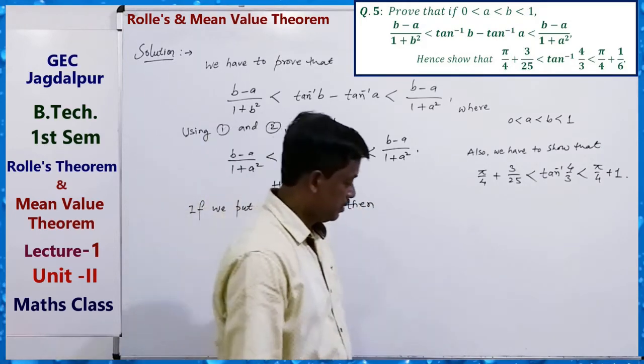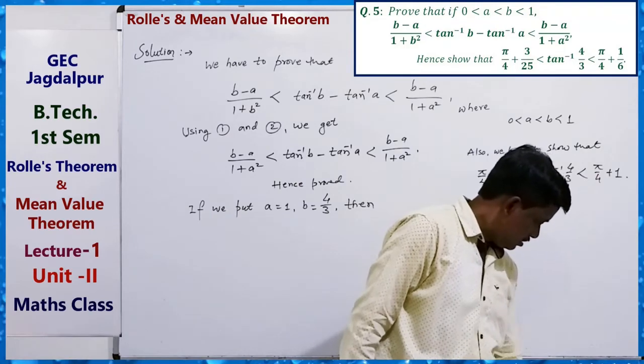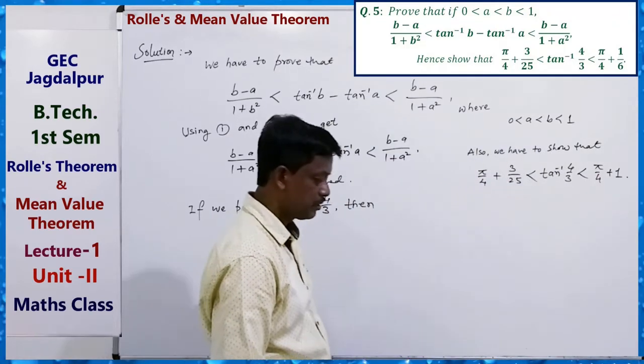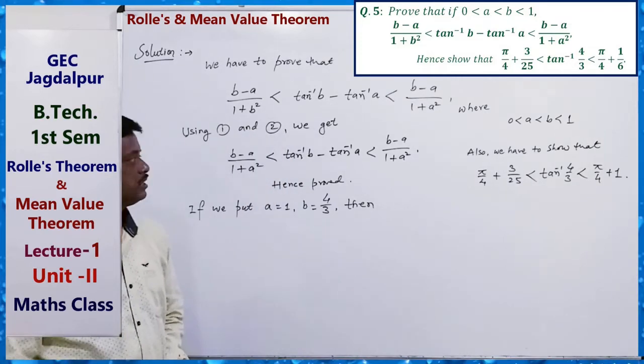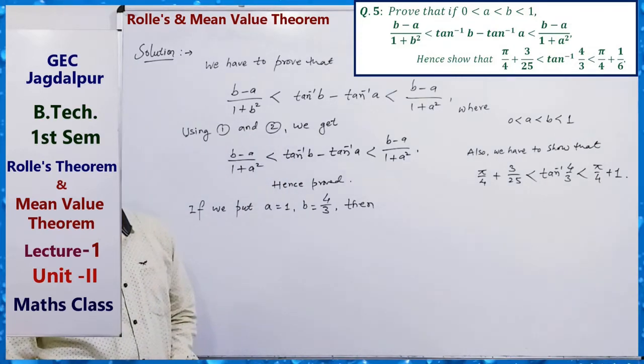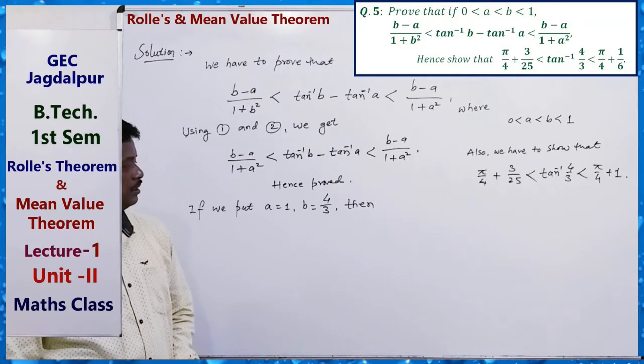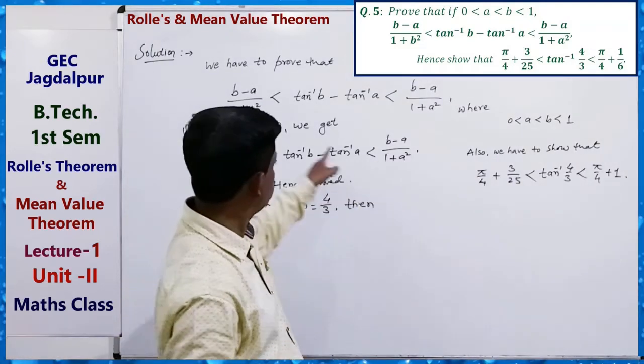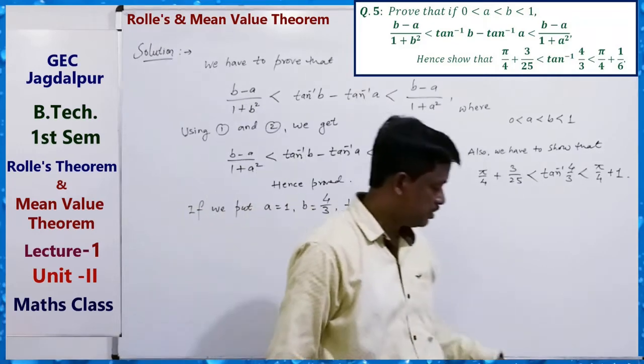clear? Use a equals 1, b equals 4 by 3, because we require tan inverse 4 by 3, so we suppose b equals 4 by 3.